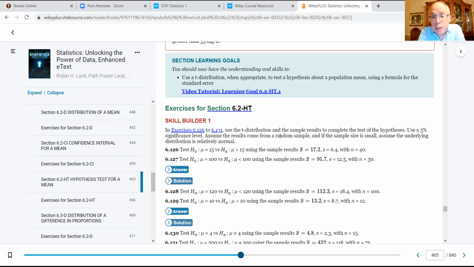Again, for step number 2, we're talking about the assumptions. The first assumption is the sample is a random sample, so it says it here. And the second assumption is if the population is normal, then the sampling distribution is automatically normal. You could say that.